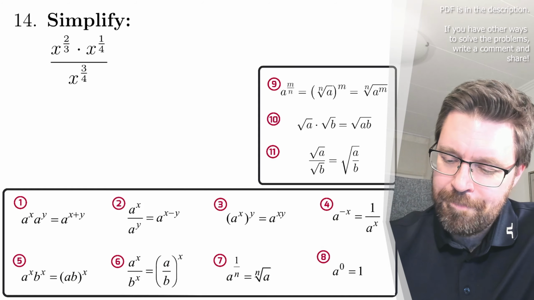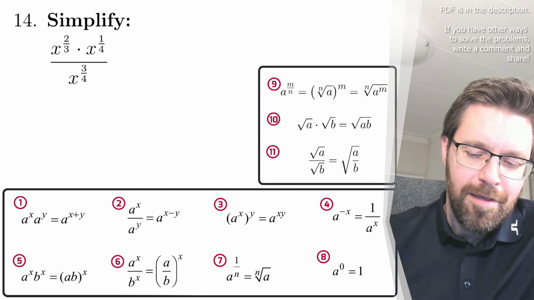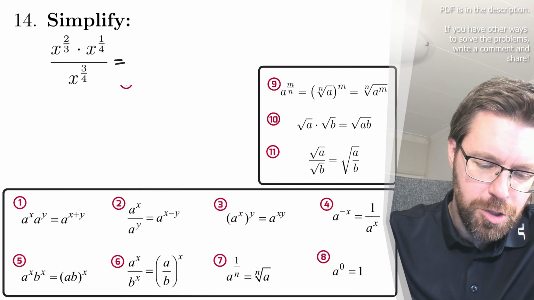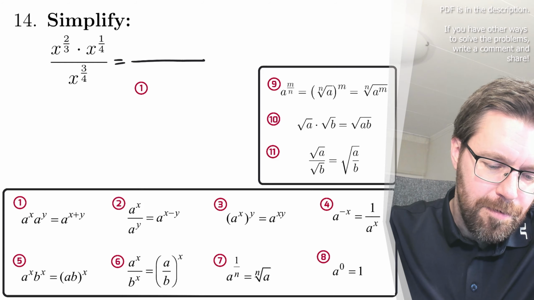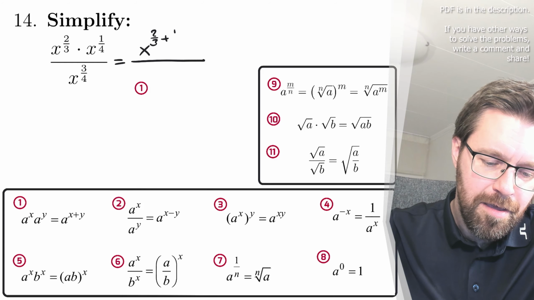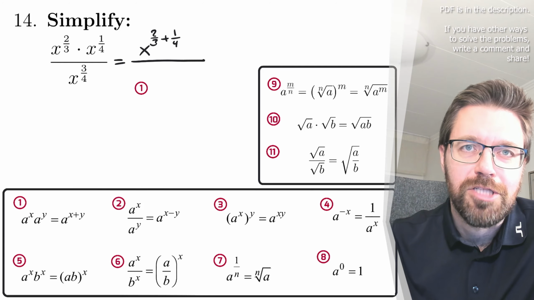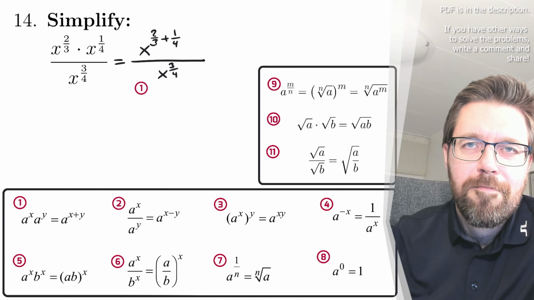Number 14, a multiplication in the numerator. So we start with this. We have the same base. We use rule number 1 here. So we have x raised to 2 over 3 plus 1 over 4 if we add the exponents to each other, and then divided by x raised to 3/4, like this.